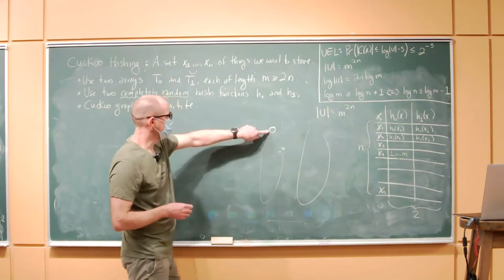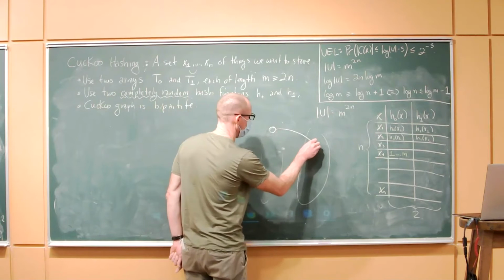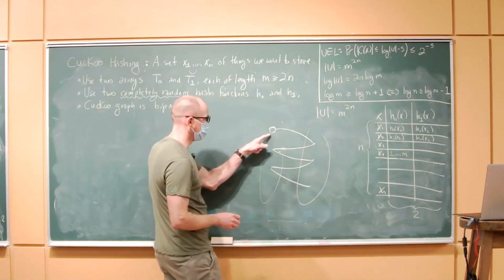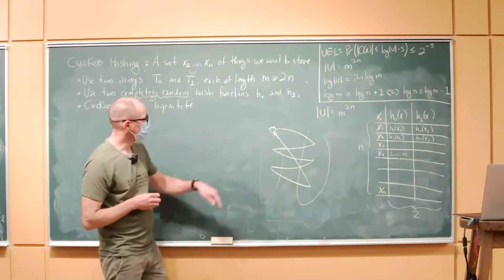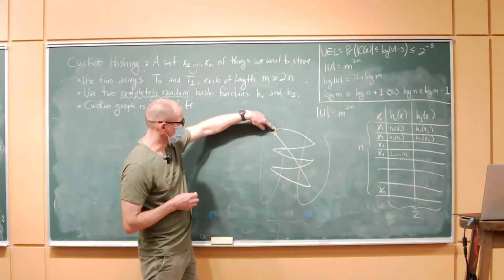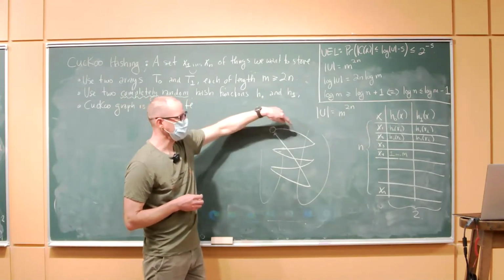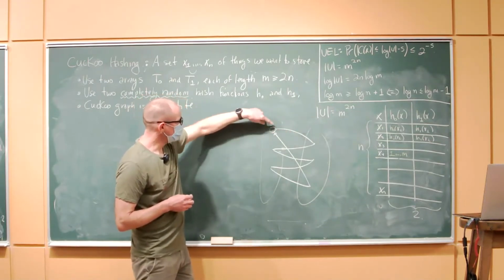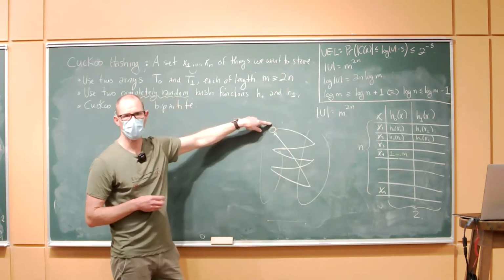Let's call this the start of the cycle. It has to end where it started. Because the graph is bipartite, it only has edges from one side to the other. Each step takes you from one side to the other. And so you have to do an even number of steps to finish off where you start.